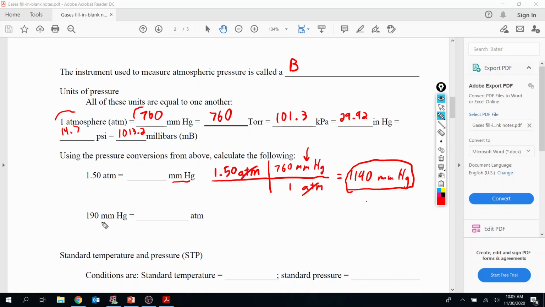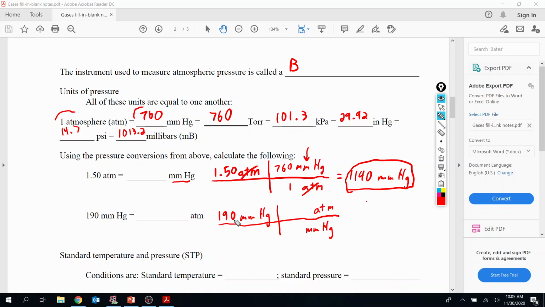All right, now what if we want to convert millimeters of mercury back to atmospheres? Well, let's start by writing down what we're given, 190 millimeters of mercury. And I'm going to go ahead and put millimeters of mercury on the bottom, and I'm going to be converting to atmospheres, so I'll put atmospheres on the top.